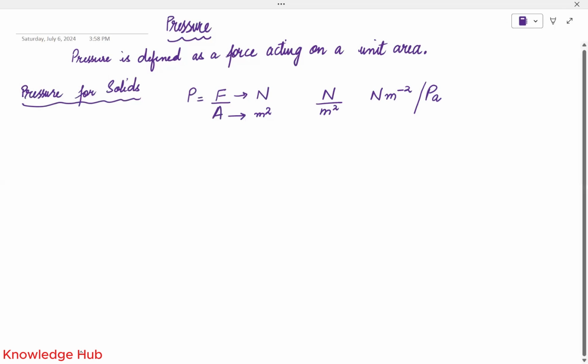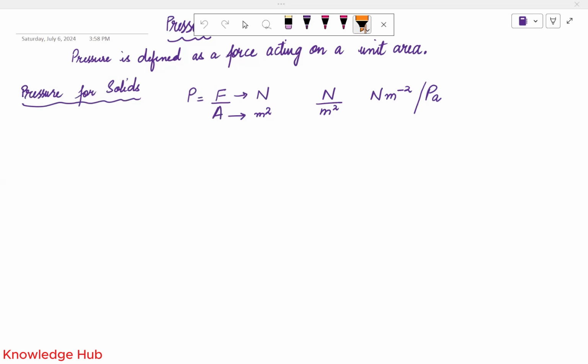So these are the things that we must consider. The important thing here is its unit that can be either Newton per meter square or Pascal.